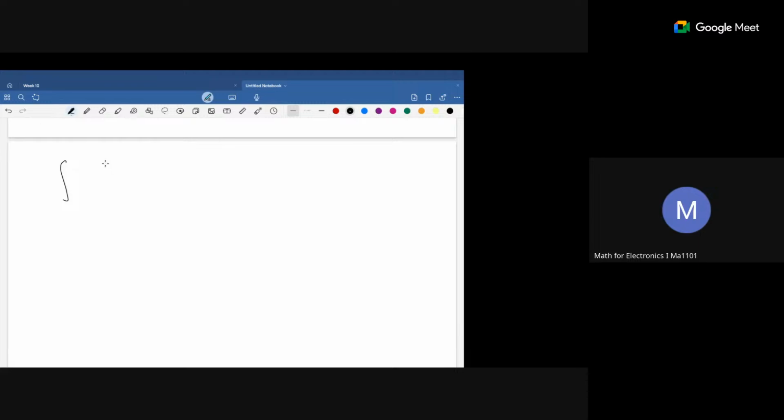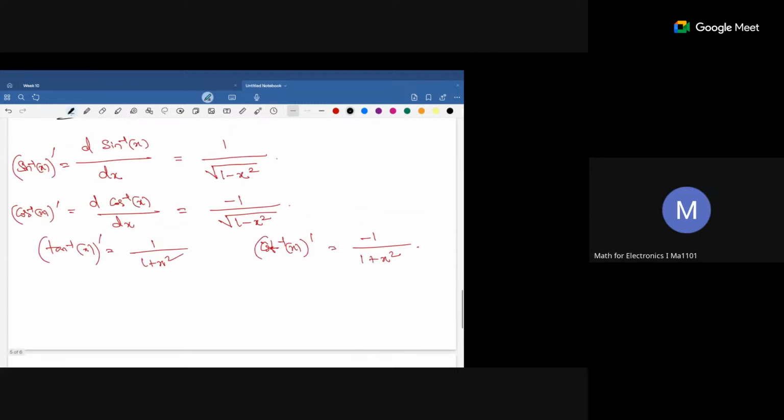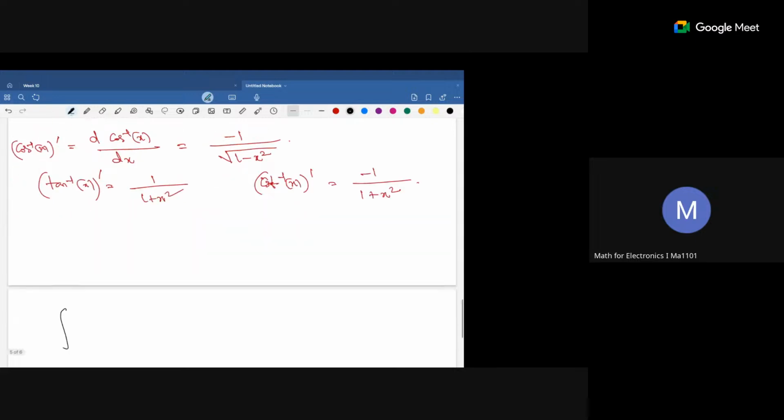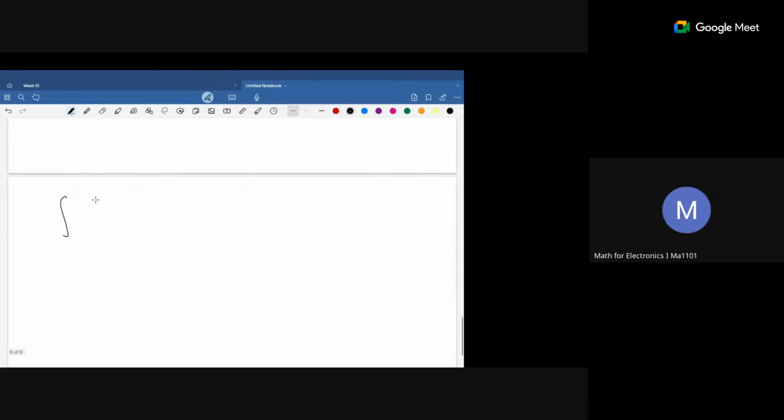Once we know the derivatives are like this, the derivative of sine inverse x is 1 by root over 1 minus x square, then the integral of 1 by root over 1 minus x square dx would be sine inverse of x plus some constant, right?